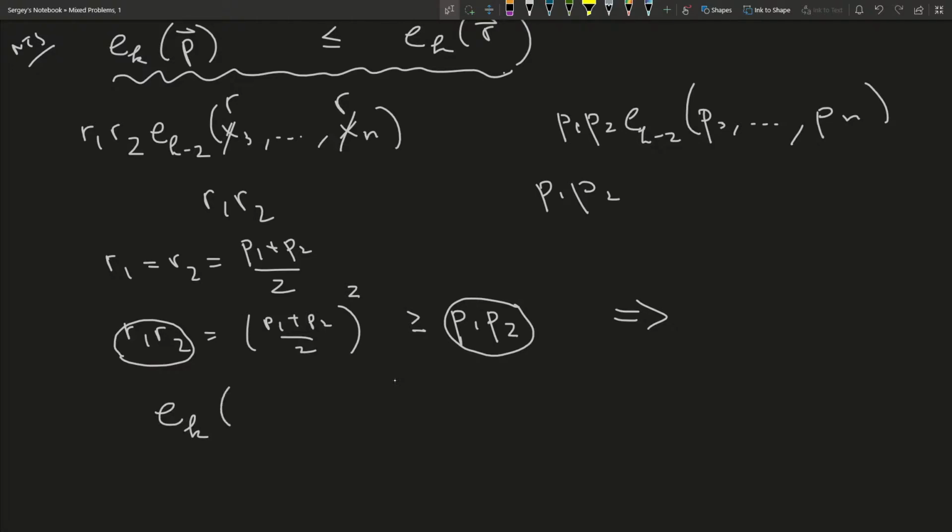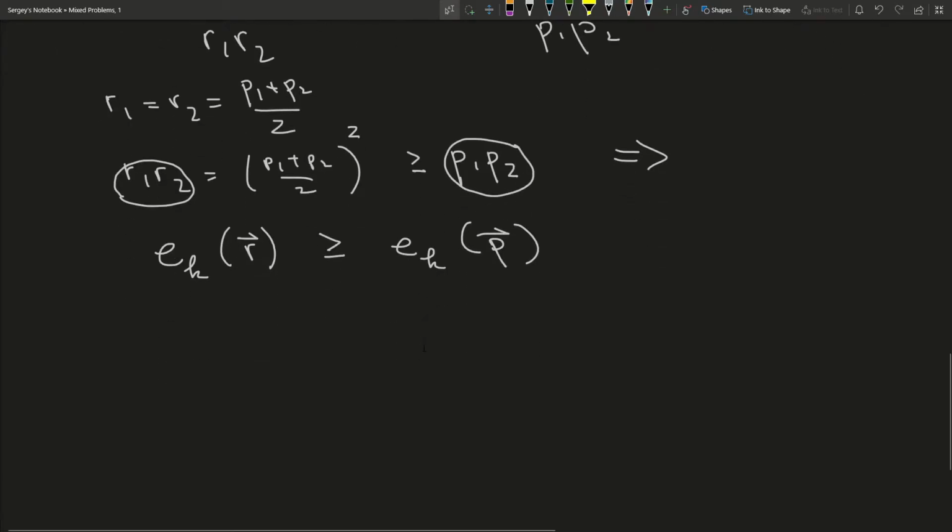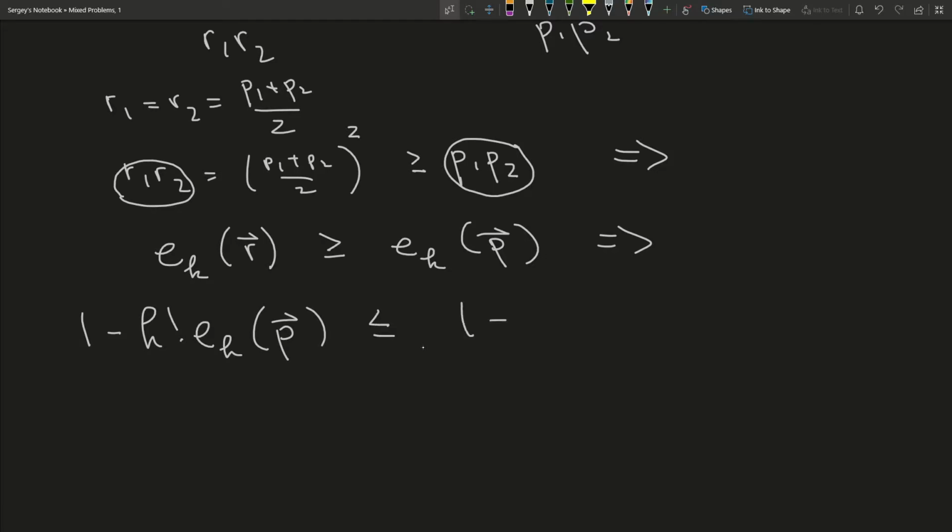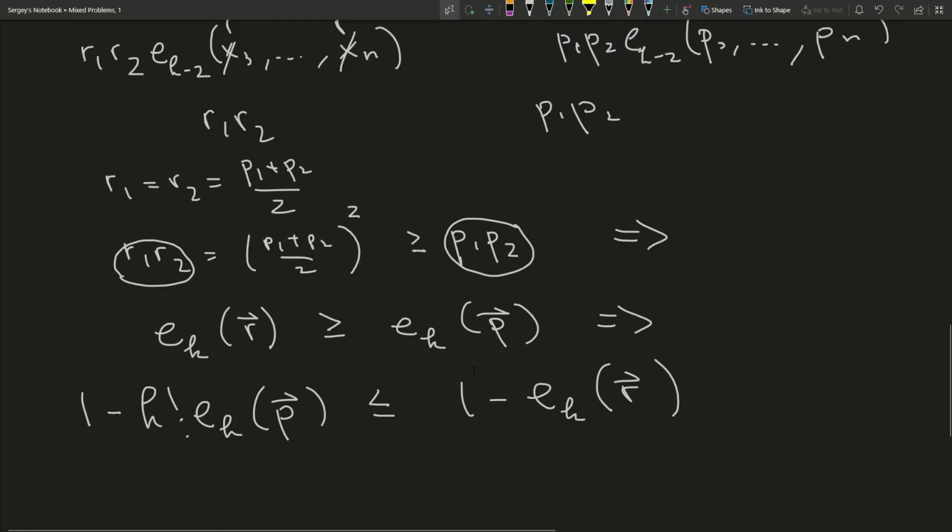elementary symmetric polynomial in R is bigger or equal to the kth elementary symmetric polynomial in P, which in turn implies that 1 minus 1 over k factorial, kth elementary symmetric polynomial in P, is smaller or equal to 1 minus the kth elementary symmetric polynomial in R. Sorry, this is a larger or equal to.